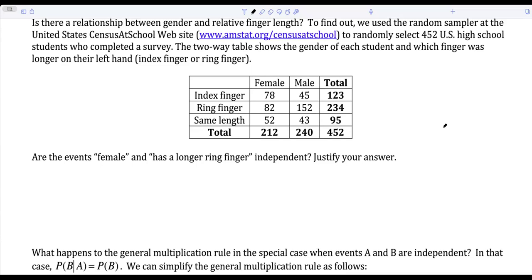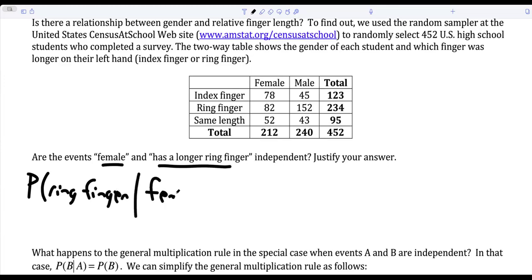So this says, are the events female and has a longer ring finger independent? Justify your answer. So we want the probability that the ring finger is longer, given the fact that the person is female. So this is a conditional probability. Intersection over condition.